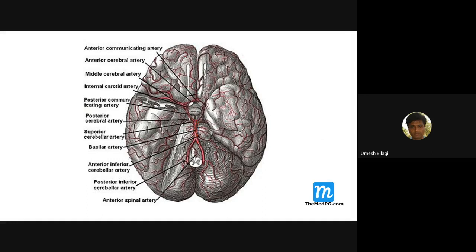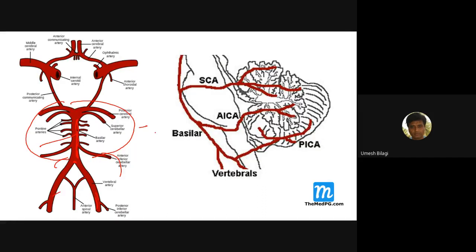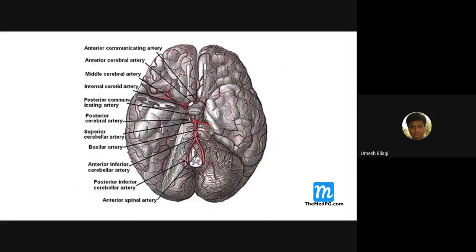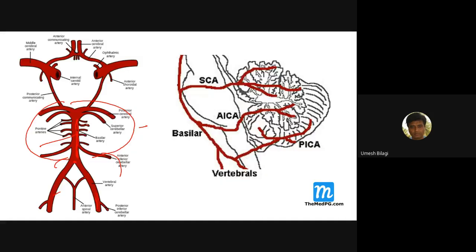Same thing is enlarged in this slide. This is actually pons. This is a medulla. This is cerebellum. Middle brain is here up. So they form basilar artery, and this basilar artery gives the anterior inferior cerebellar artery, which supplies this.